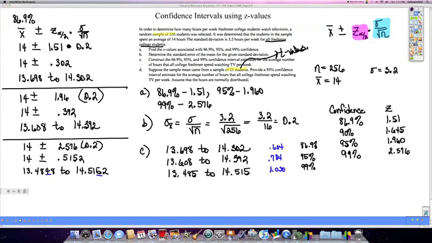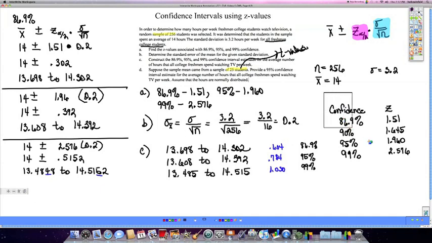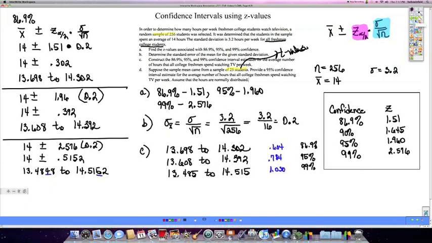You don't want to have to look those areas up more than one time. And so we have them right here. For a 90% confidence, the z-score associated with that is 1.645.